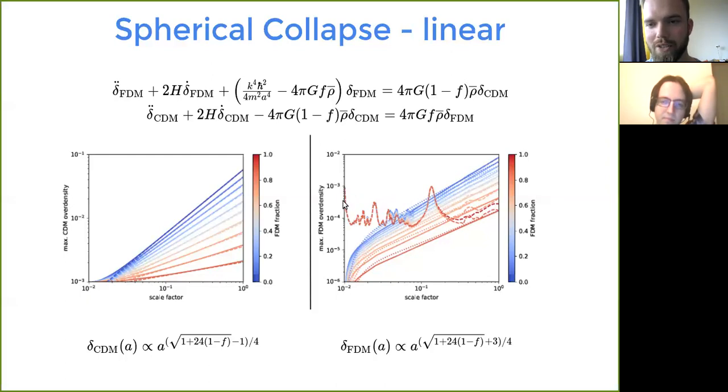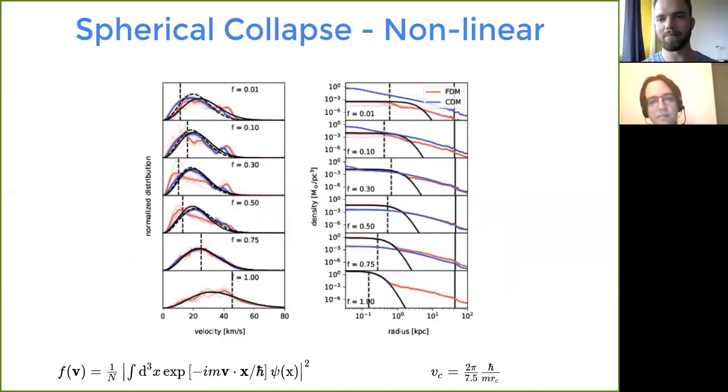So it first decreases in overdensity and then just oscillates around and cannot collapse until at very late time, fuzzy dark matter has collapsed sufficiently that it can overcome the Jeans scale of fuzzy dark matter, and then the late time behavior is again very much the same. So that is all very nice and consistent.